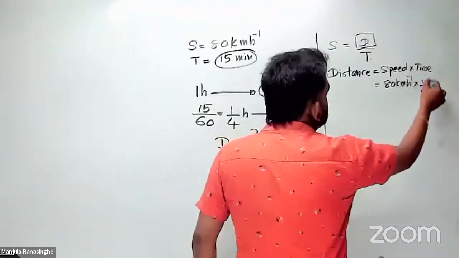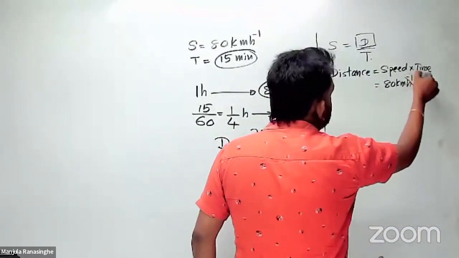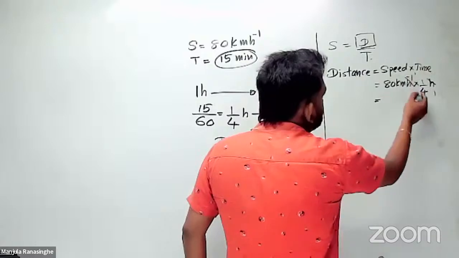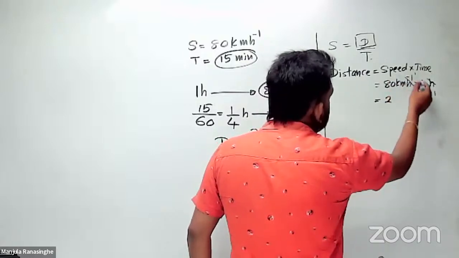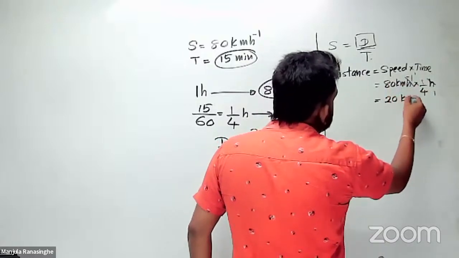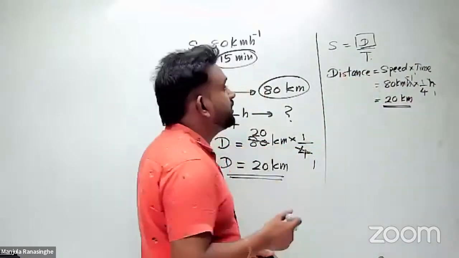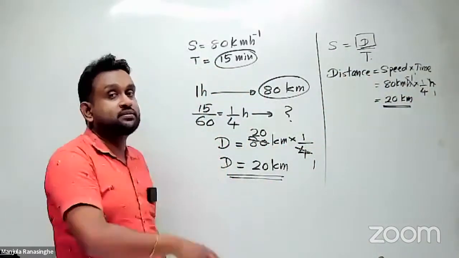Now you can do simplification, h minus 1 and h plus 1 cancel out. So 1/4 into 80, that is 20 kilometers. So that is using the equation, that is using the concept.